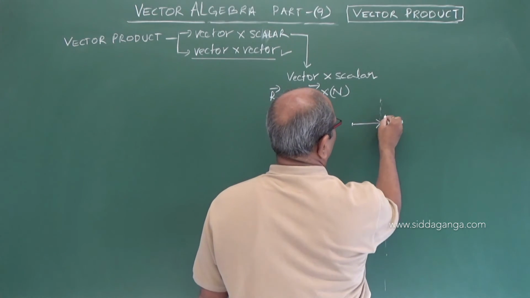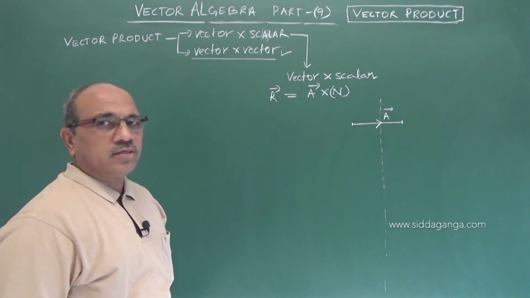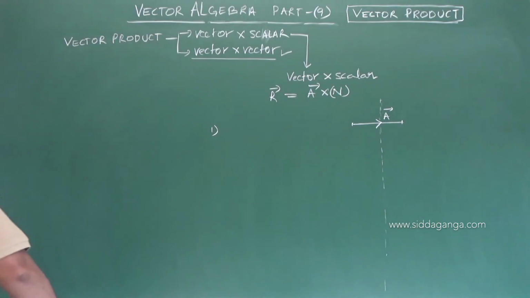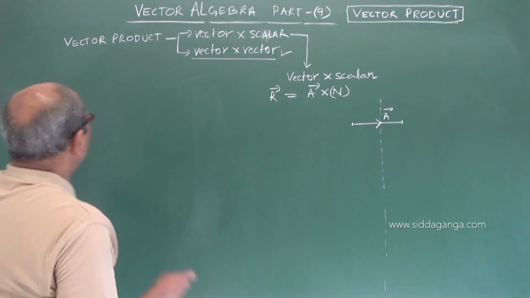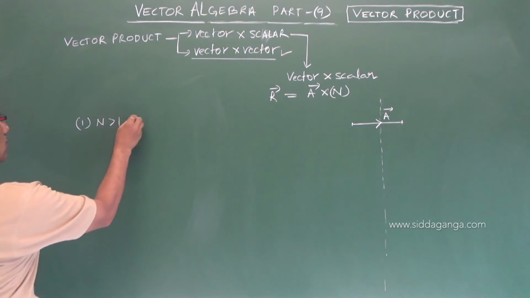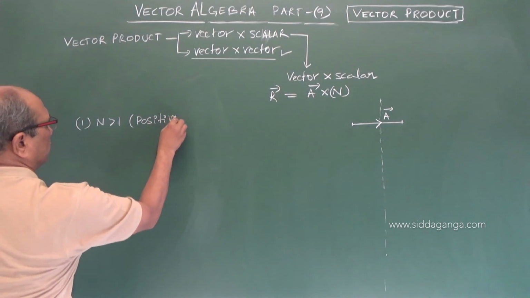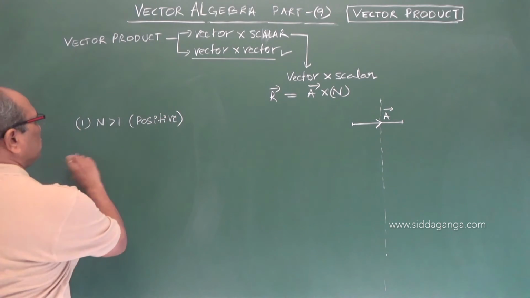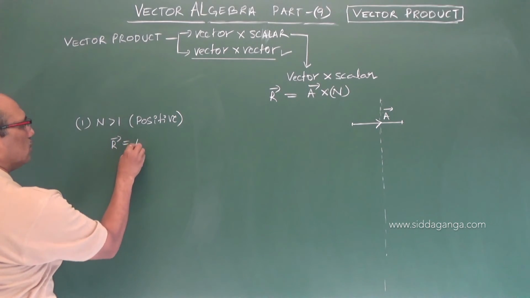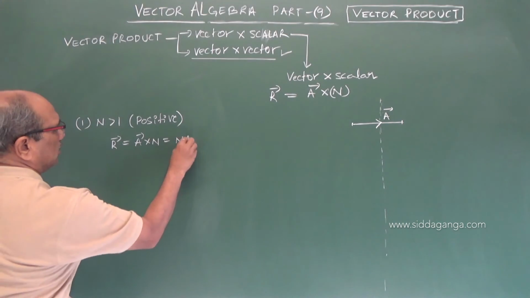There are different cases. Case number 1, if n is greater than 1, positive, then what we will get is the resultant R equal to A into n, as nA.